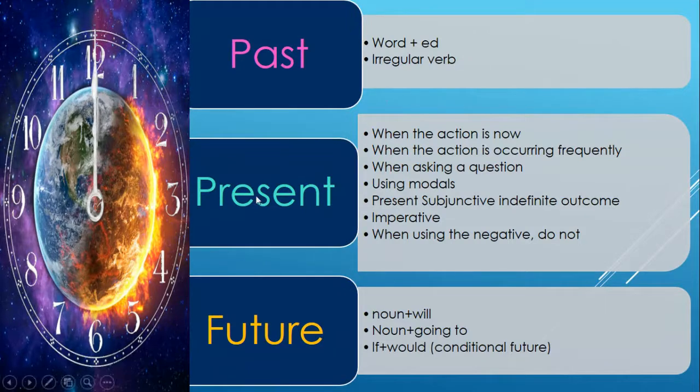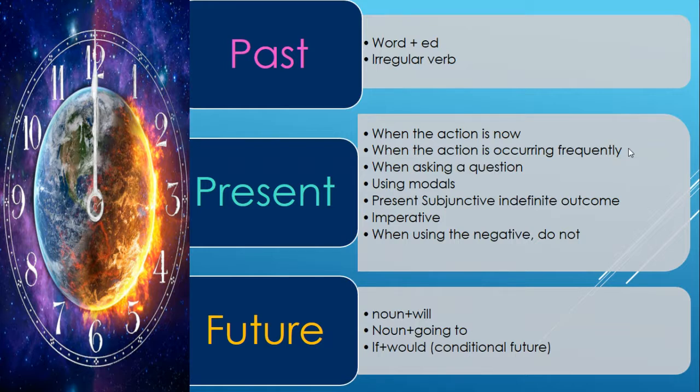Don't worry about that. Here at the present tense, when the action is now, it's present tense. When you're giving a command, sign your name, the action is now. When the action occurs frequently, you usually say, usually, usualmente, frecuentemente, ocasionalmente, often.